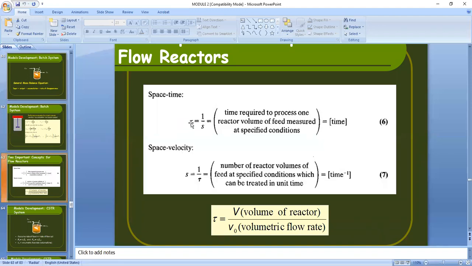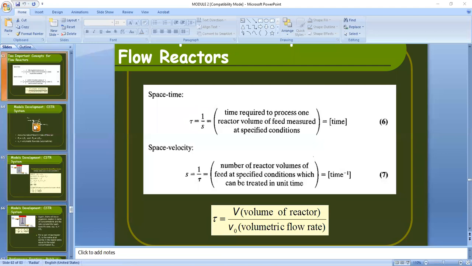So space-time is the inverse of space velocity, and same thing with space velocity. But generally, this is your formula in determining the space-time: the volume divided by the volumetric flow rate for your flow reactors. Your flow reactors are your CSTRs and PFRs.